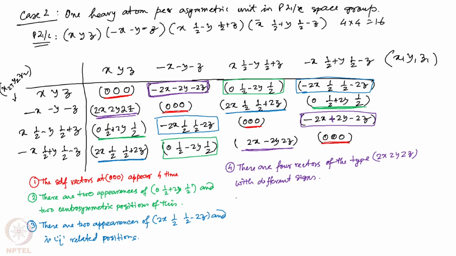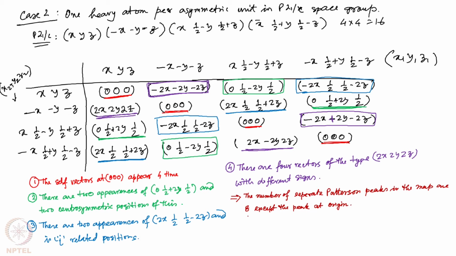So what we have is the following. The number of separate Patterson peaks in the map are 8 except the peak at origin, four of them have the double height as well.